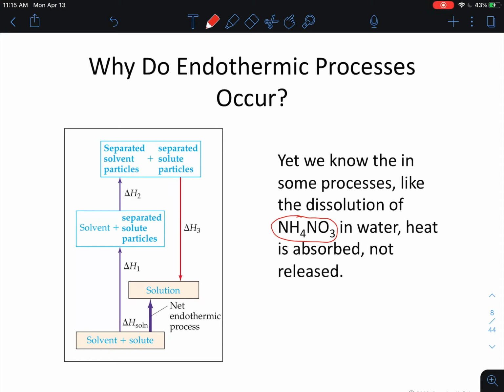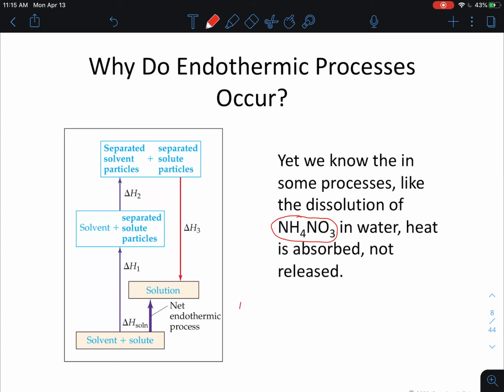So we'd actually observe that the water around it is cooling down. And we can sort of rely on this idea when we think about making a cold pack. Those things usually have some solid in them that when I dissolve it in water, it's an endothermic process, and it starts to cool down rapidly. So heat is required to dissolve ammonium nitrate in water.